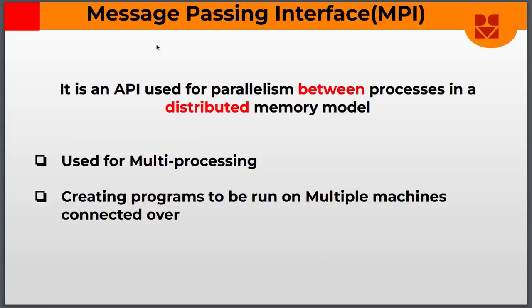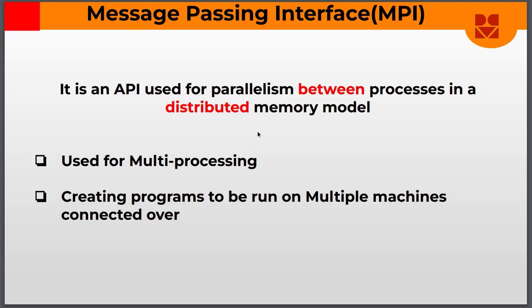Now, looking at the MPI, the Message Passing Interface, it is an API used for parallelism between processes in a distributed memory model. Which means that when you have several separate systems, each with its own processor and memory, and these systems are connected together, and you want them to communicate with each other, or run a code that will run on all of those systems, then we use the MPI.